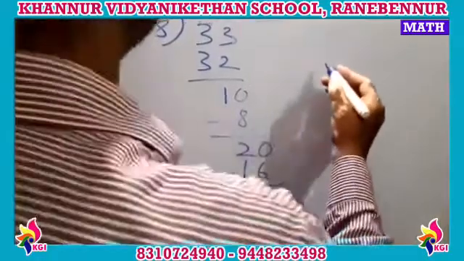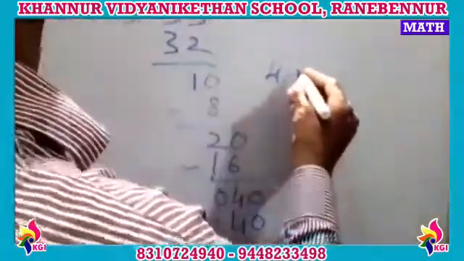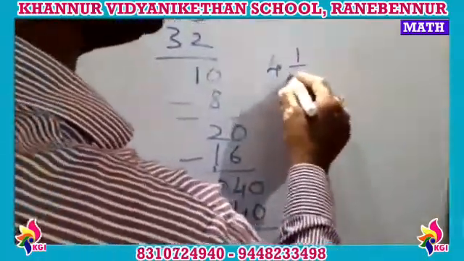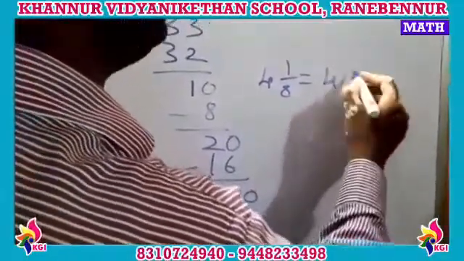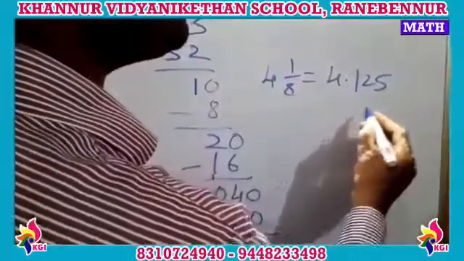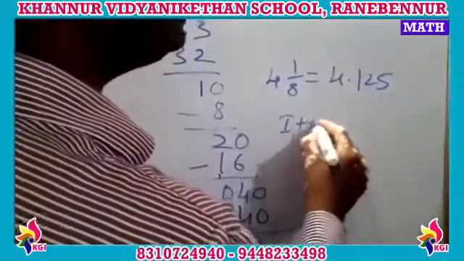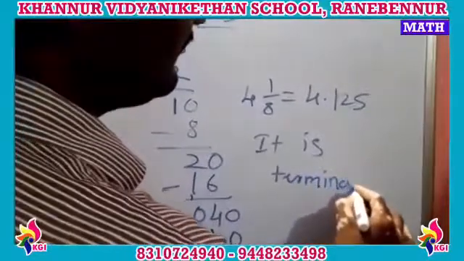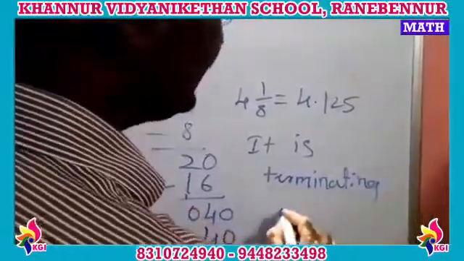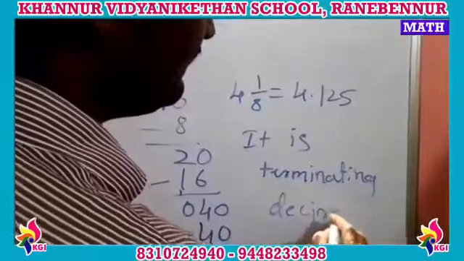Terminating decimal expansion. So I can write 4 integer 1 divided by 8 is equal to 4.125. Okay, 4.125, it is a terminating decimal expansion.